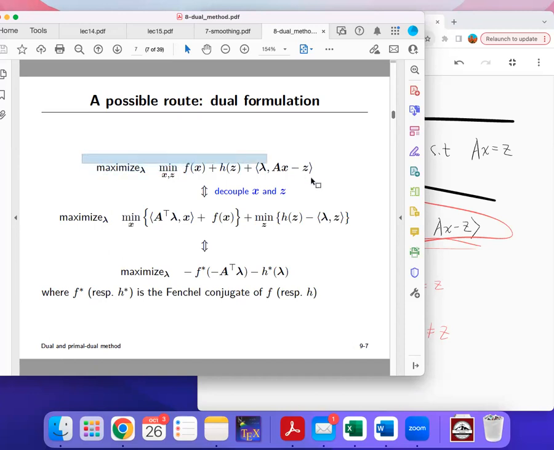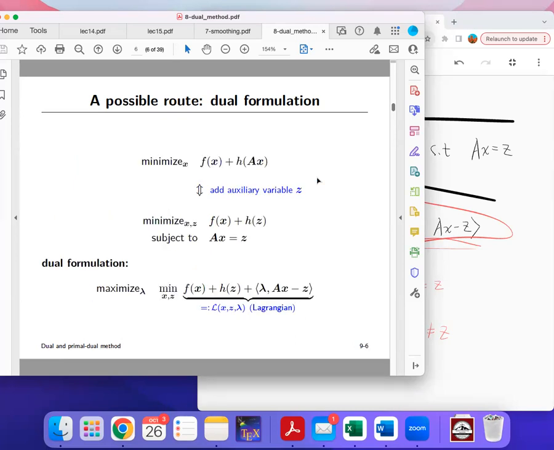And this would be the dual formulation that we consider for this problem. Okay, so let's look at this dual formulation. The way we can understand it is this: once we have such an optimization problem, where f and h are both convex, then we can consider this dual formulation.